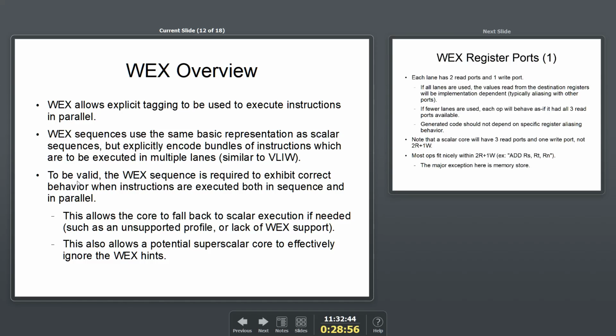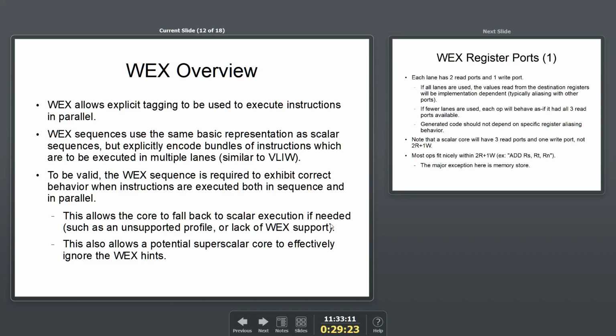To be valid, the WEX sequence is required to exhibit correct behavior when instructions are executed both in sequence and in parallel. This allows the core to fall back to scalar execution as needed, such as with an unsupported profile or lack of WEX support.